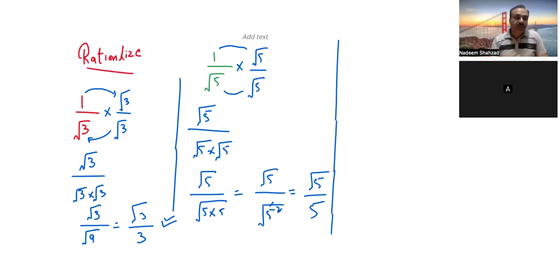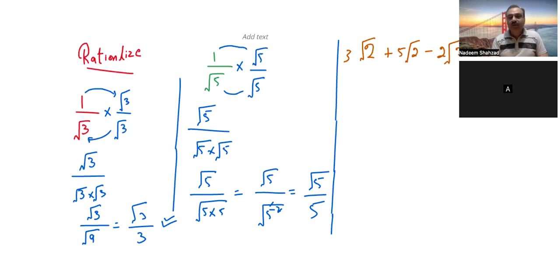Okay. One more aspect is if we have more than 2 terms, just like 3 square root 2 plus 5 square root 2 minus 2 square root 2. Here we have addition and subtraction. So how can we solve it?